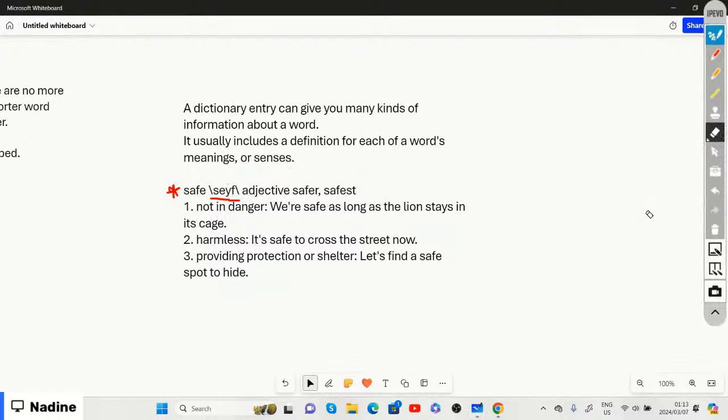So we have the name, then we have the pronunciation of the word, meaning how you need to say it. So the pronunciation of the word.